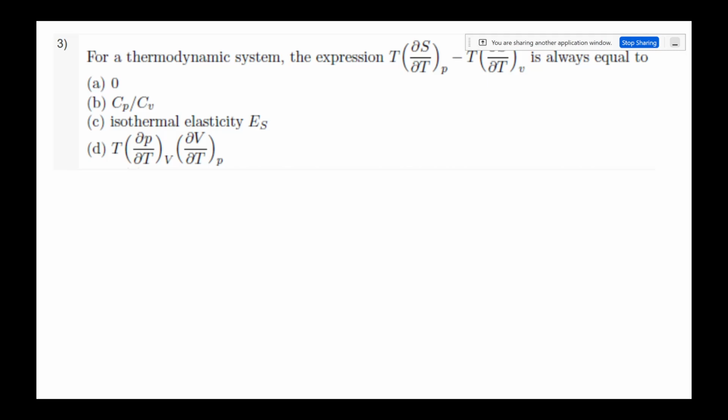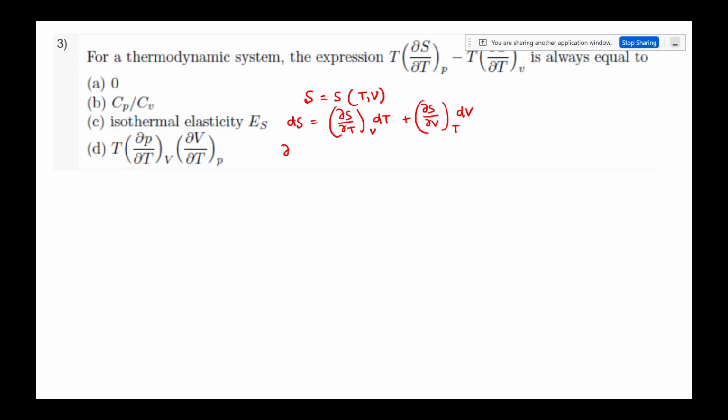Same thing. Now S is a function of T and V. So dS can be written in terms of (del S/del T) at constant V dT plus (del S/del V) at constant T dV.